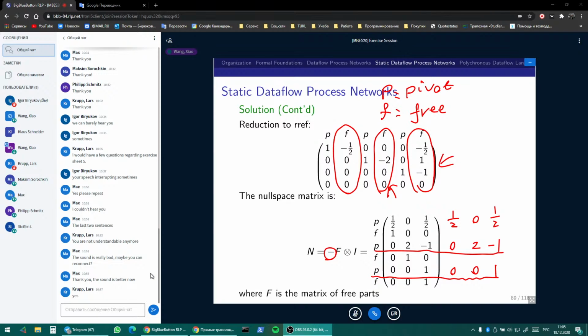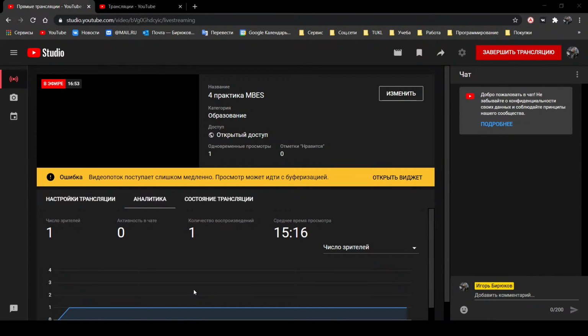So this one times lambda 1, plus this one times lambda 2, plus this one times lambda 3.